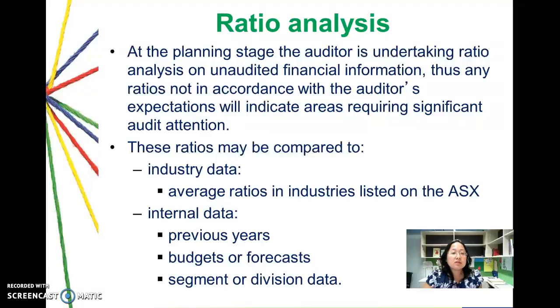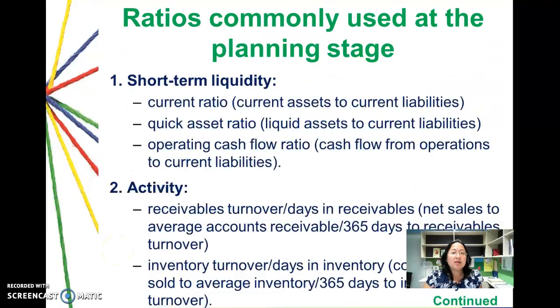Second, this ratio may be compared with the internal data from the client. For example, it can be compared with the same ratio in previous years, with budgeted or forecasted figures, or between segments or departments, what we call segment or division data, right?